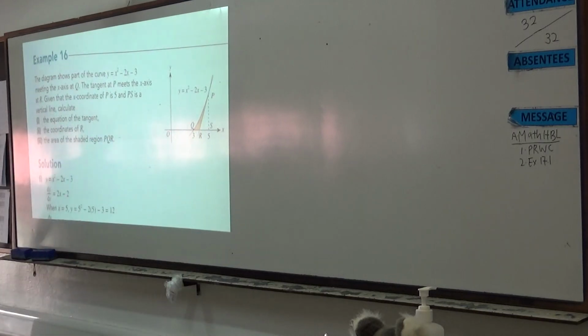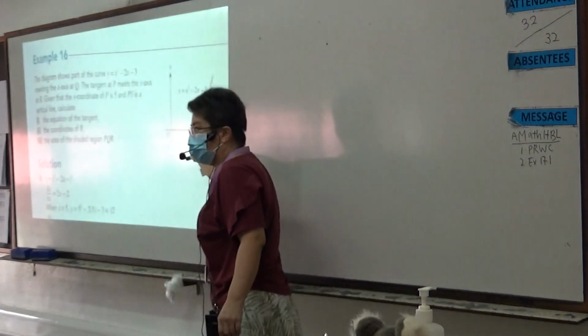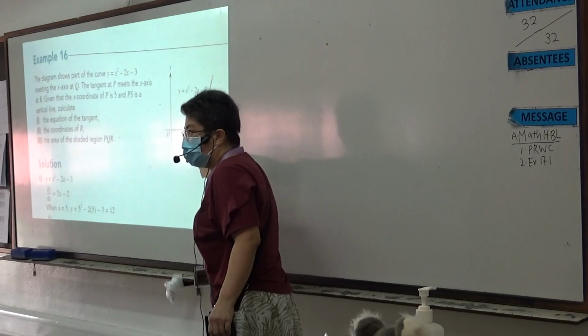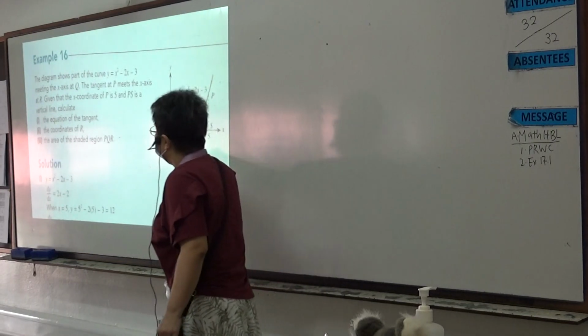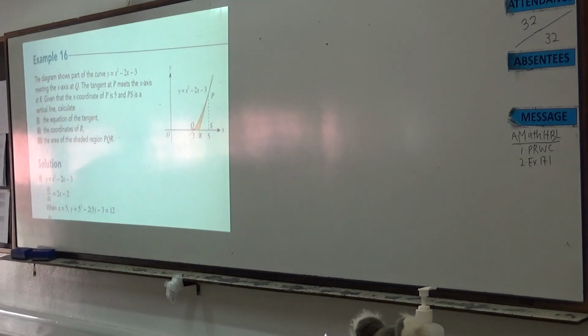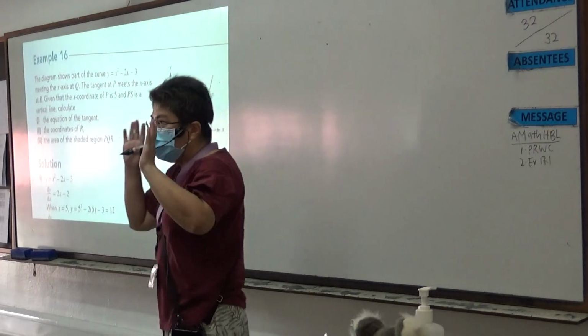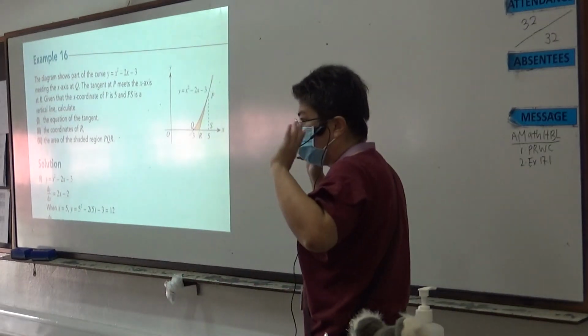The tangent at P meets the x-axis at R. That means there's a tangent here that meets the x-axis at R. Do you understand the question? Now, given that the x-coordinate of P is 5 and PS is a vertical line, calculate the equation of the tangent.